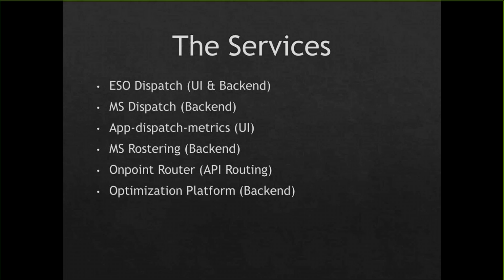And then I included also OnPoint Router and the optimization platform. Maybe I put them in the wrong order, but the OnPoint Router is a new service that exists to take all of the API traffic and be able to route it to the applicable application.